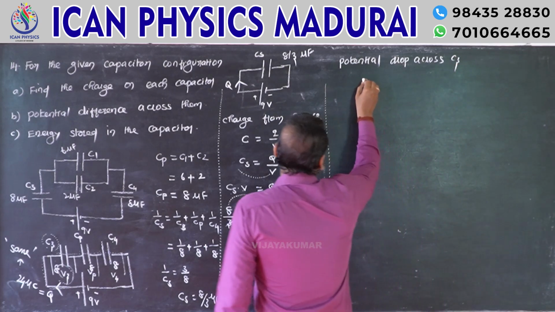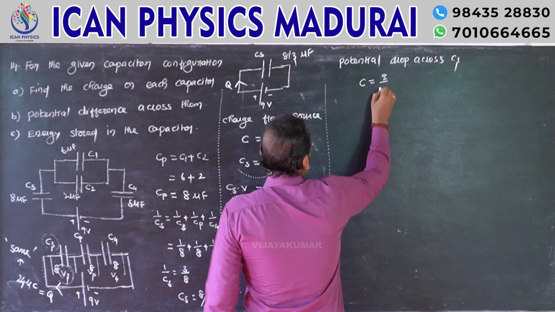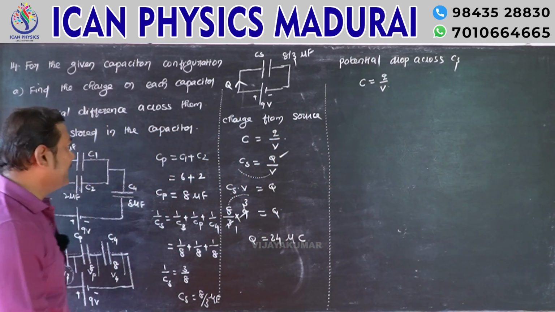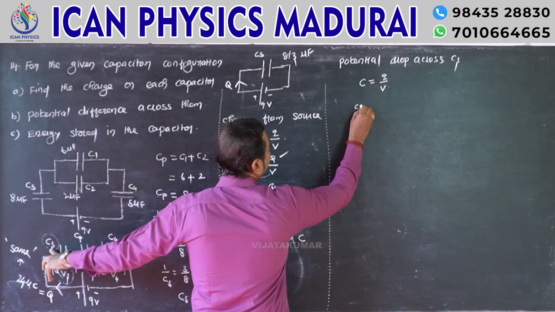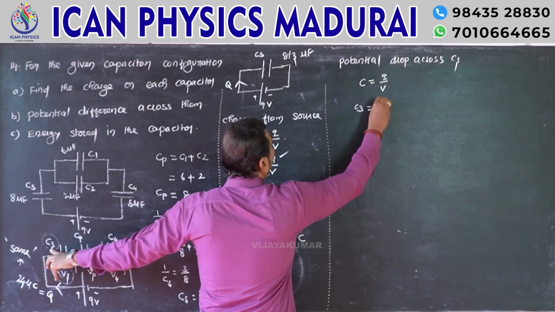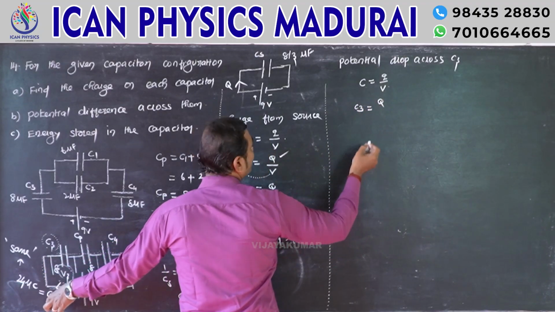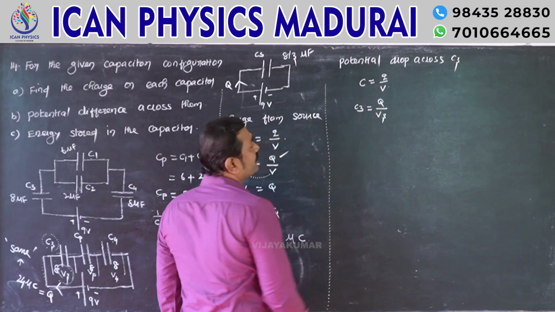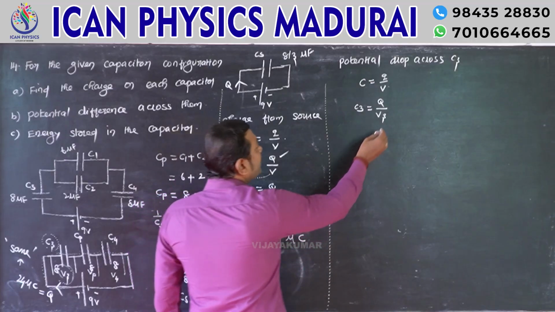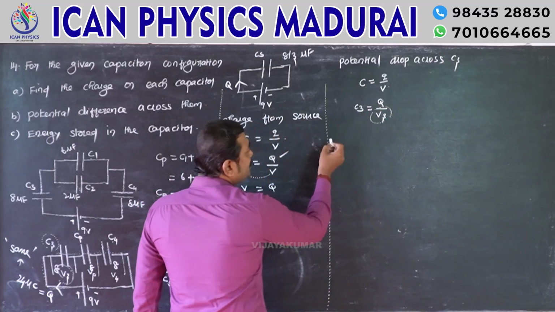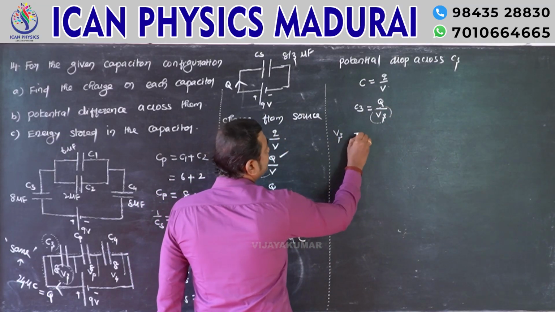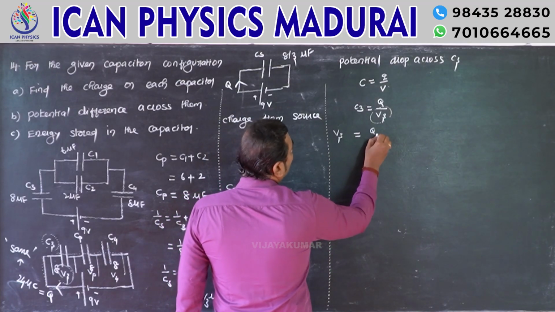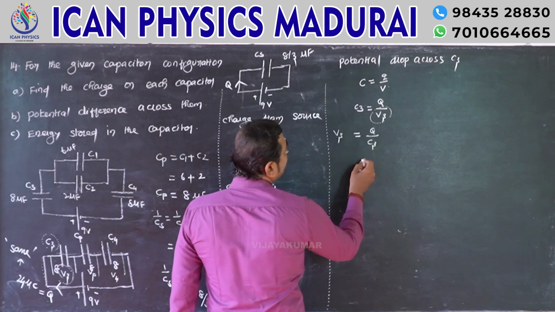We know that C equals Q by V. Now, I want to modify the formula. C becomes C3, Q becomes capital Q, and V becomes V3. We are going to calculate only the potential, so the division by V3 becomes multiplication, so V3 equals Q by C3.